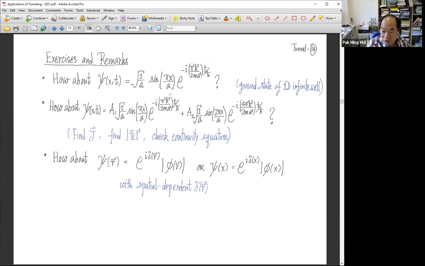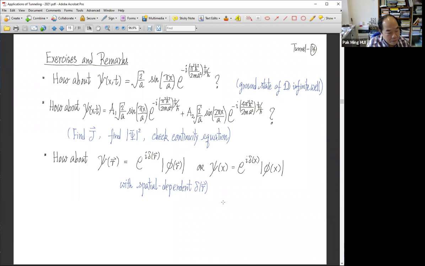If you know the answer is J equals 0, good for you. But if you don't, try it and you get 0. And then how about this? A linear combination of the particle in a box ground state and the first excited state. Plug it in. Again, you have many terms, 8 terms in the bracket. See whether you can cancel things off.